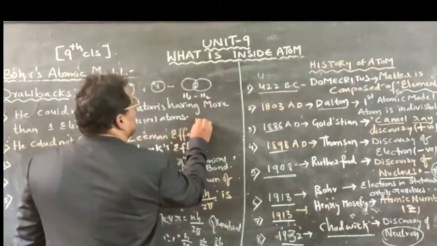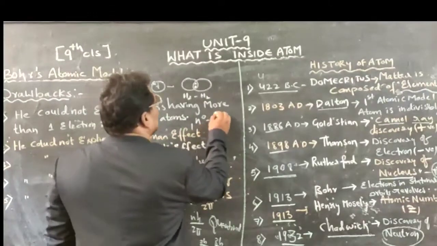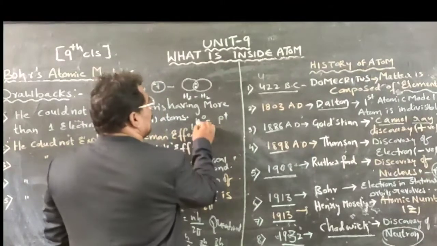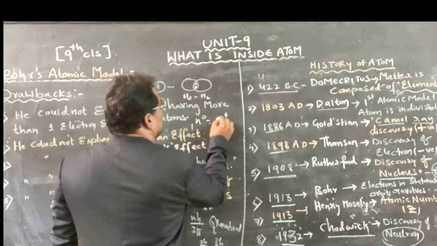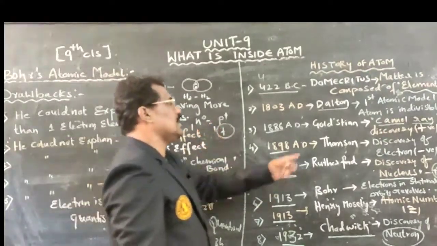A neutral charged particle which has mass equal to the mass of the proton, such that the mass of the neutron as well as the mass of the proton together give us the mass of an atom, located at the center in the nucleus.